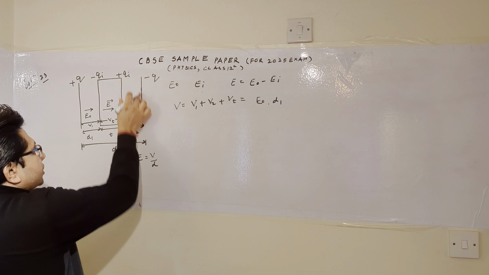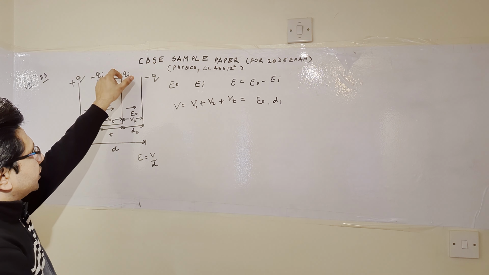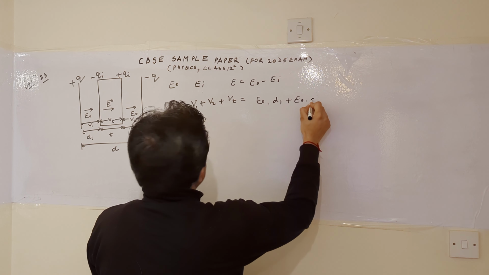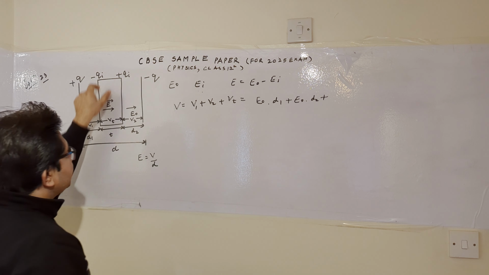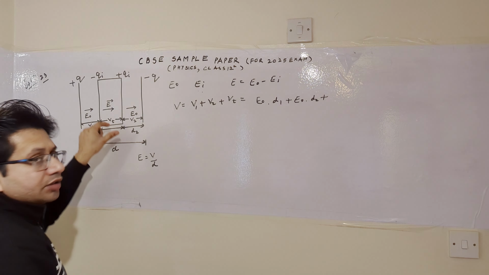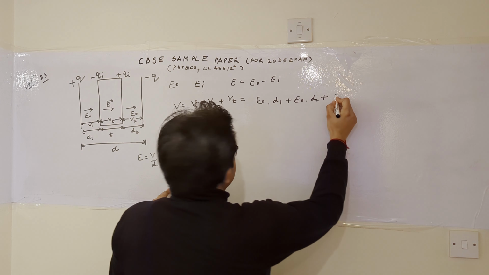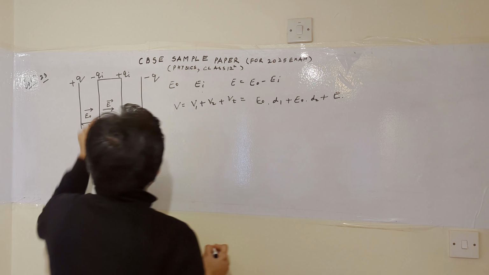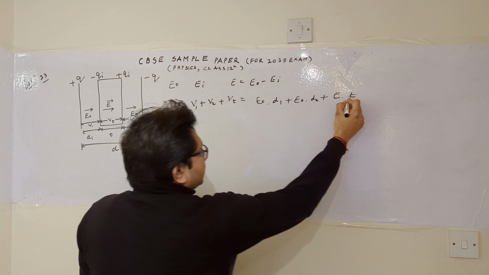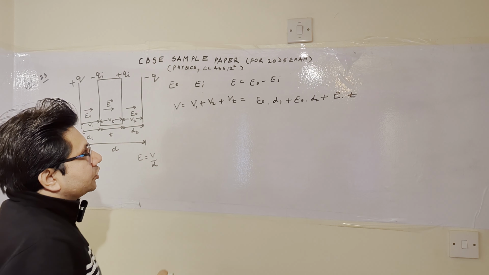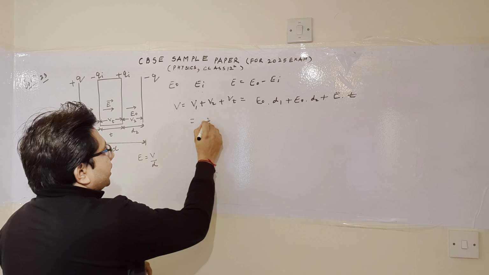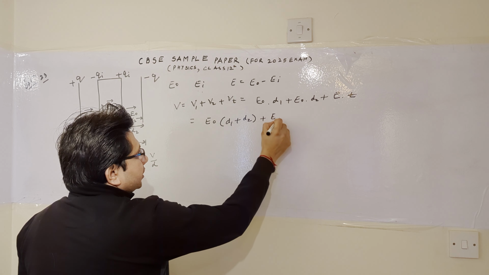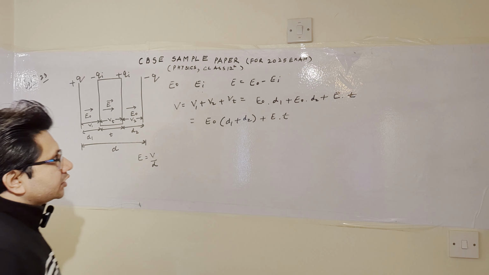Similarly, V2 is the potential difference in this air section, equal to E naught into d2, and the remaining section has the voltage Vt, which is the electric field here, E, times the thickness t. So from this we can write V equals E naught into d1 plus d2, plus E into t.